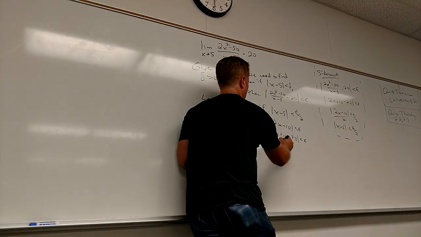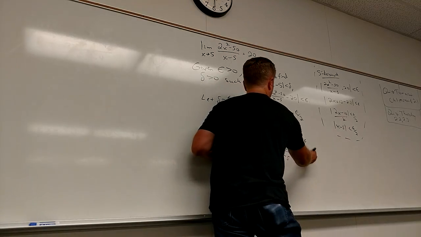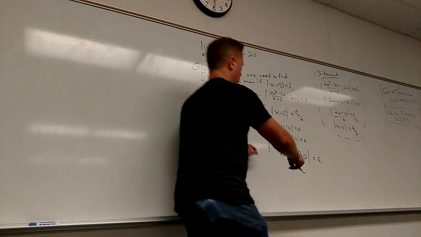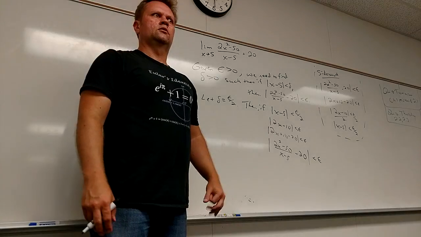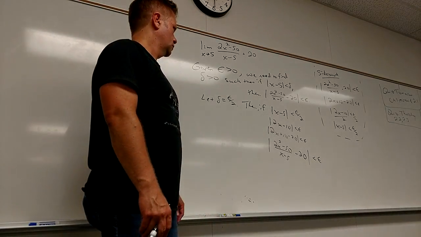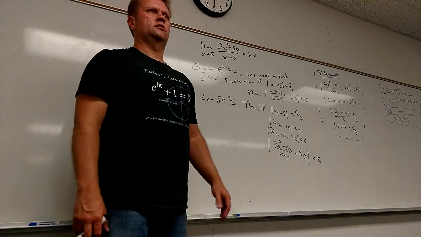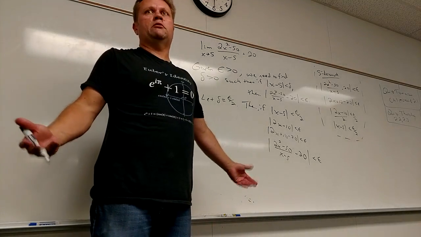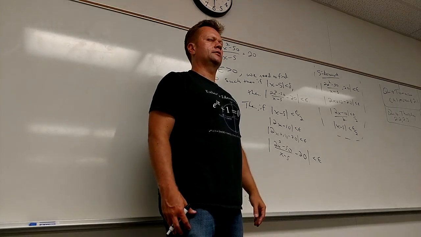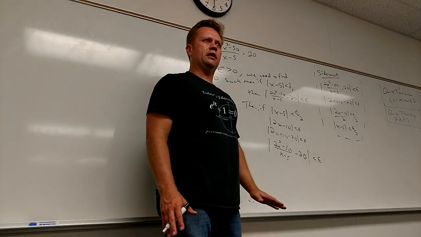So you recapture this. That would be an appropriate level of work to show. And then we're done. That's what we needed to show, and we showed it. It's not that bad, right?